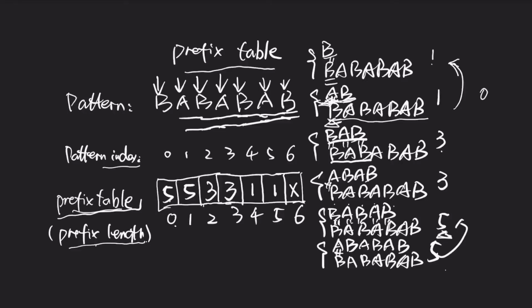You can see here every time I start from the first index, and so I set the prefix length to 0. And if they're the same, I add 1. In this case, from 0, same, plus 1 is 1, plus 1 is 2, plus 1 is 3, plus 1 is 4, plus 1 is 5. At last, it's 5.